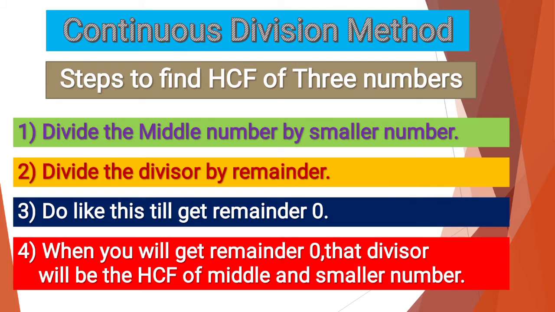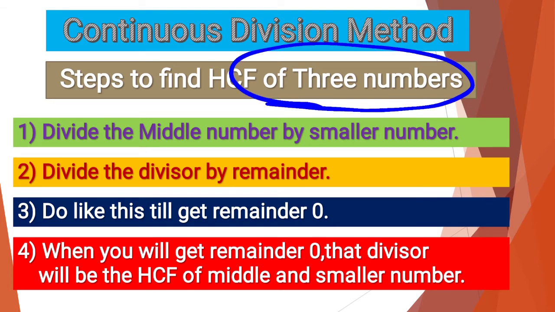So we can find the HCF when you are given two numbers, but sometimes you are given three numbers. Then what do we have to do? Let's start: the continuous division method, steps to find the HCF of three numbers. If you are given two numbers, we divide the bigger number by the smaller number, which is very easy. But sometimes you are given three numbers.